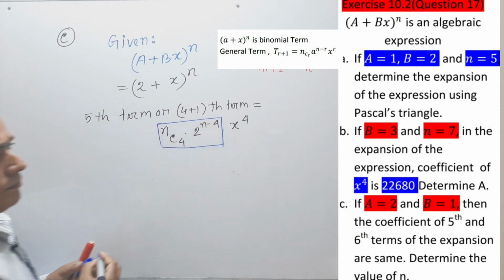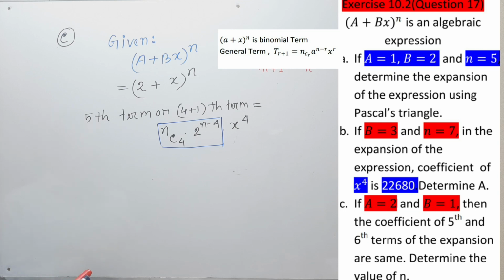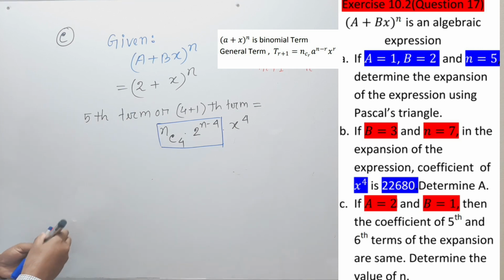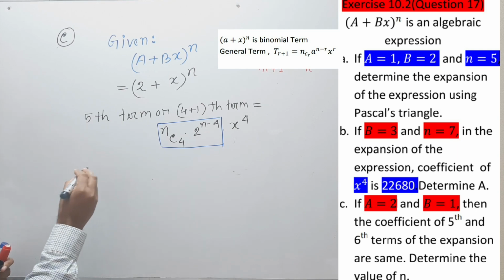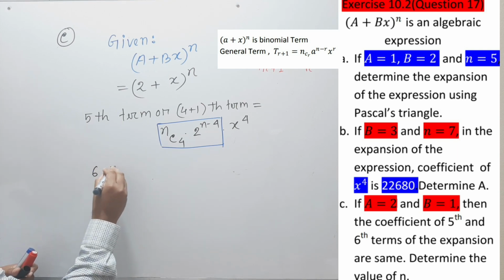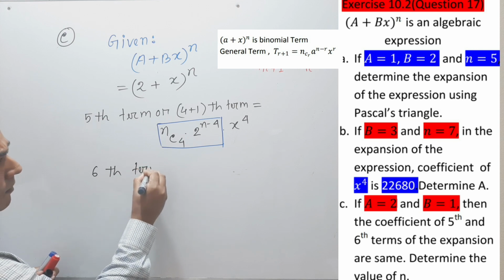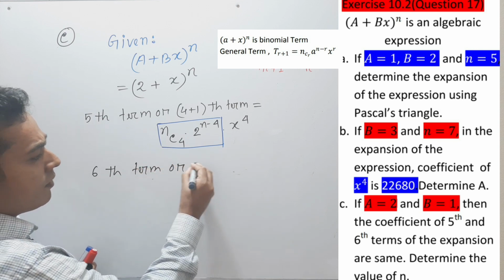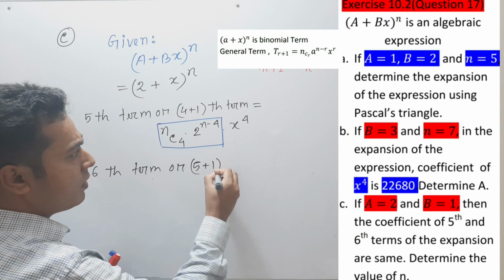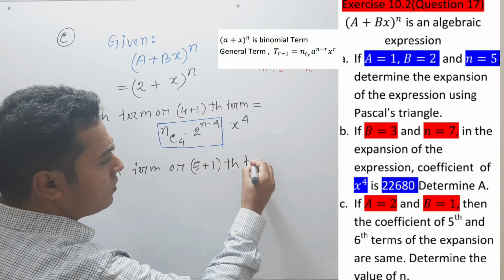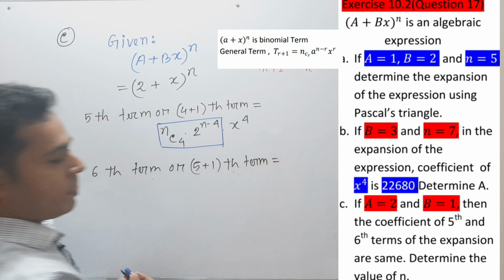And now we need the sixth term. According to our general term, the sixth term, or 5 plus 1th term, has r equal to 5.